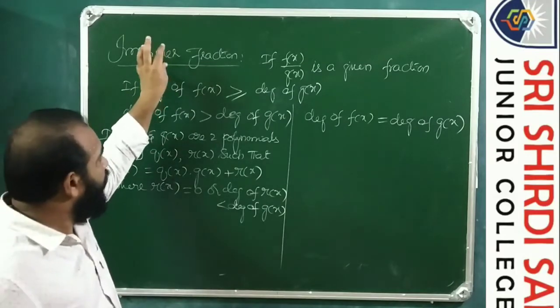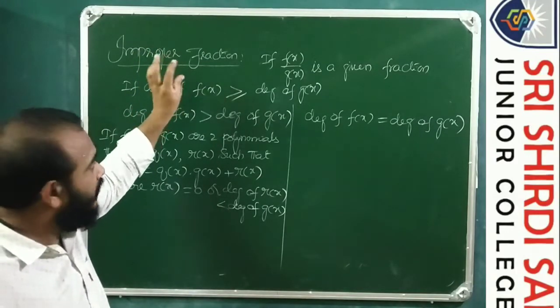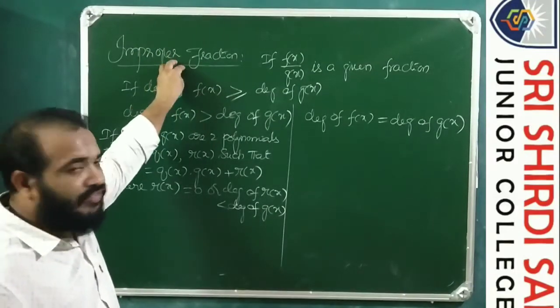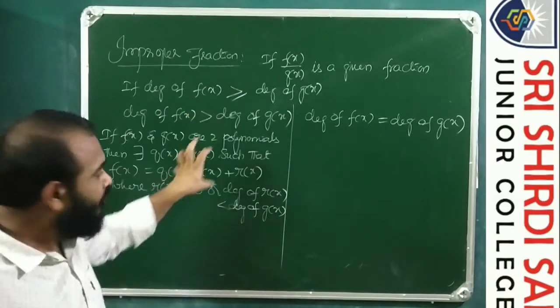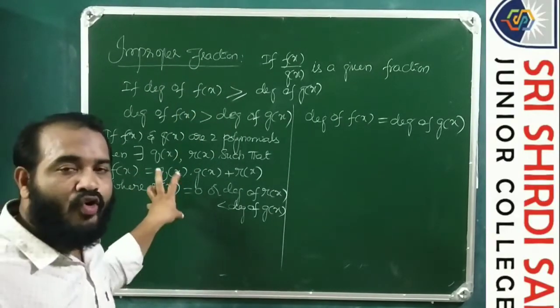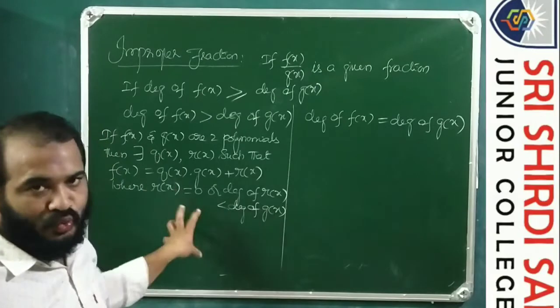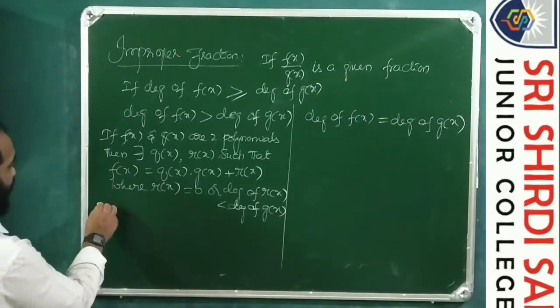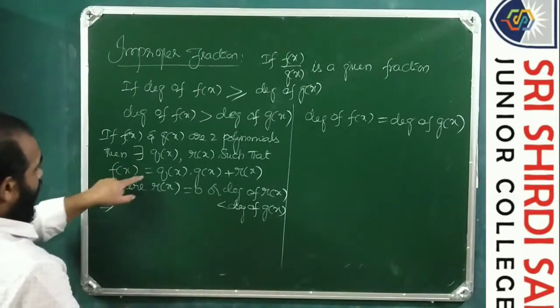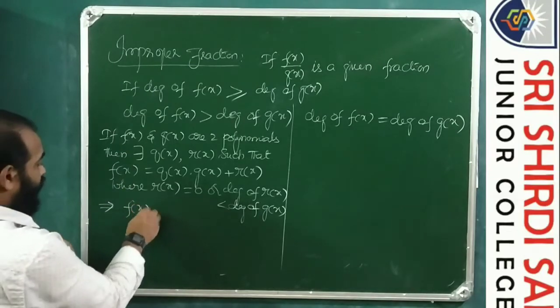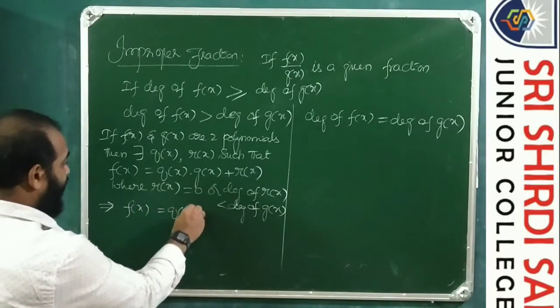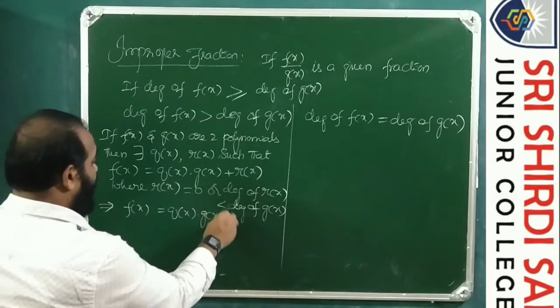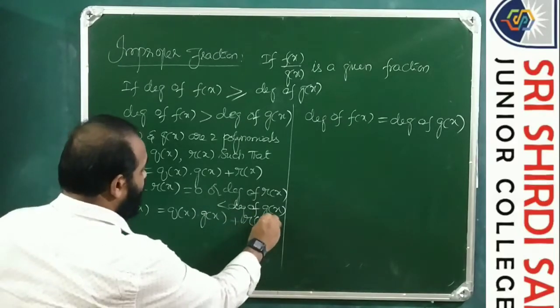So if an improper fraction is given, then to convert it into a proper fraction, the concept of the division algorithm will be used. According to this, f of x is equal to q of x into g of x plus r of x.